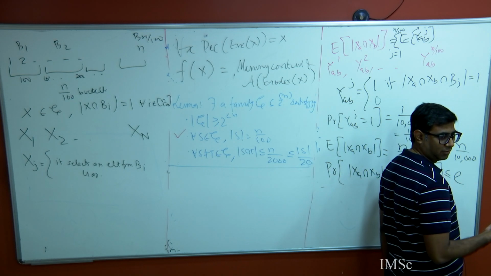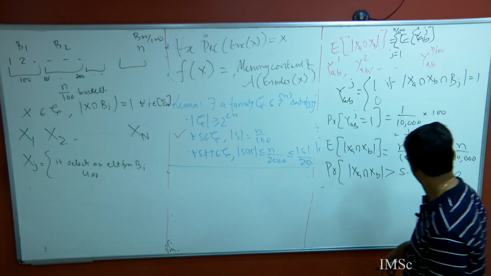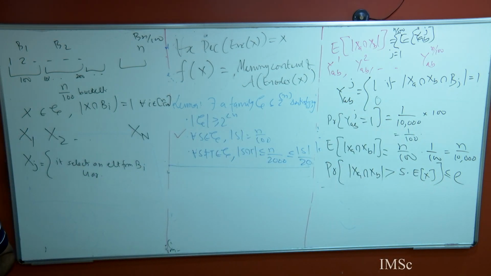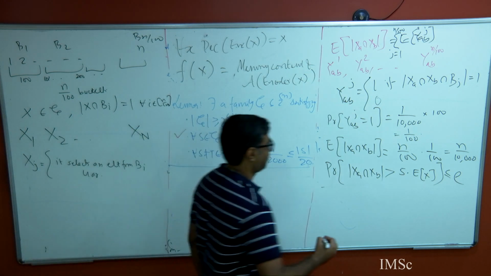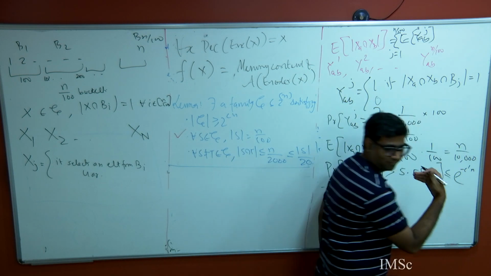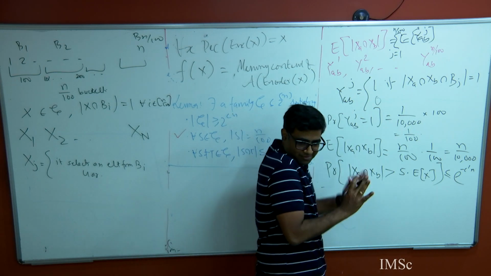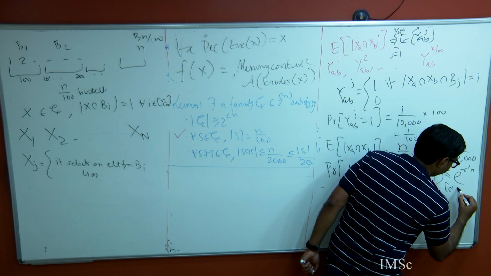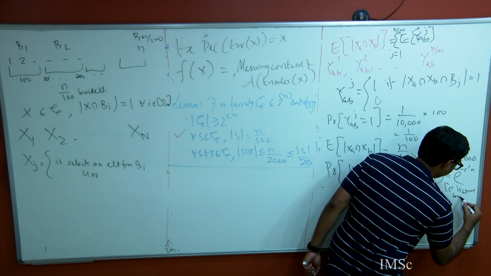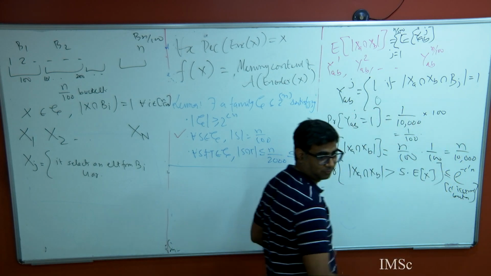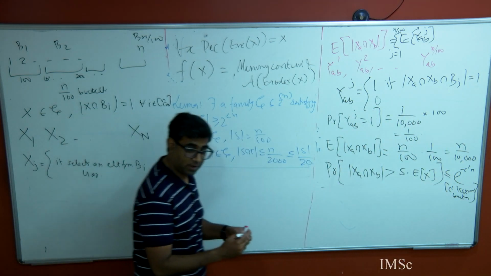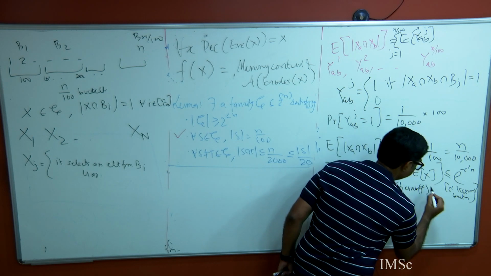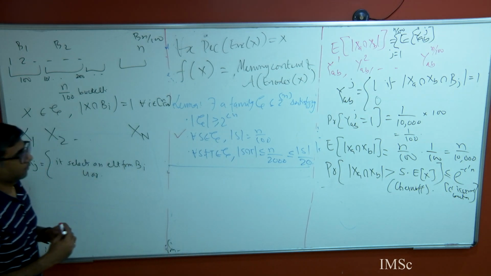It will be some e power minus c prime n, some constant. This is not important. I will not penalize you if you just write it like this. What we have applied is Chernoff.